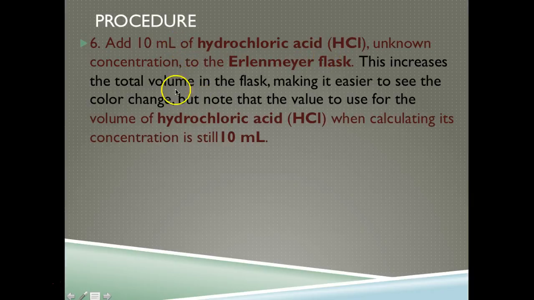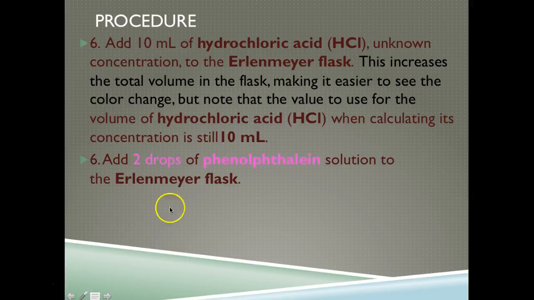All right, so that increases the total volume of the flask, and it makes it easy for you to notice the color change, right? But when you're using, you do not use 20 mL as your volume, you still use 10 mL when you're plugging it into the MAVA, MBVB expression or equation.